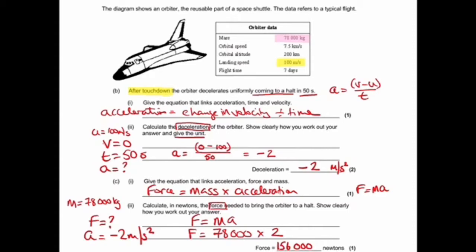Substitute in the data. I've dropped the negative sign from the acceleration because it's not asking me whether the force is forwards or backwards. It would be backwards, it would be negative. So if you've left it in, that's fine. I've dropped it because in this question, it's not needed. It's only 1 mark. If it was 2 marks, I would probably leave it in.